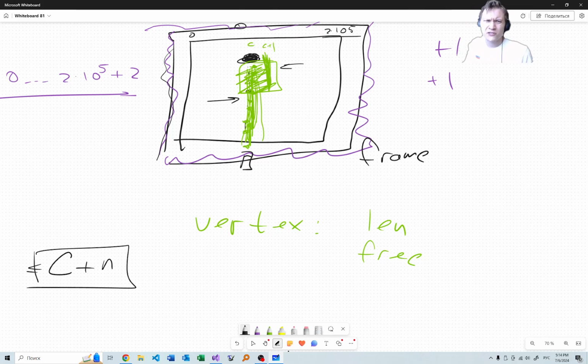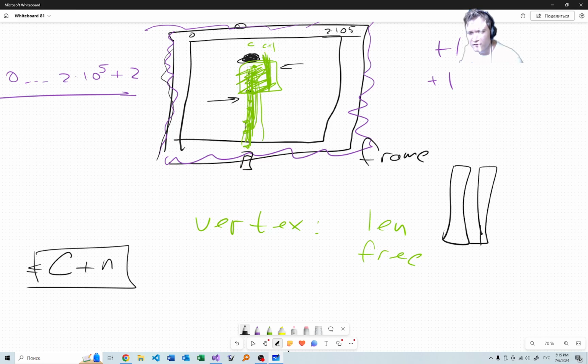And the number of edges is also linear, because you can just list all edges by iterating over all pairs of consecutive columns and using two pointers to keep track of all intersecting segments and adding these edges. So now you have a huge graph.